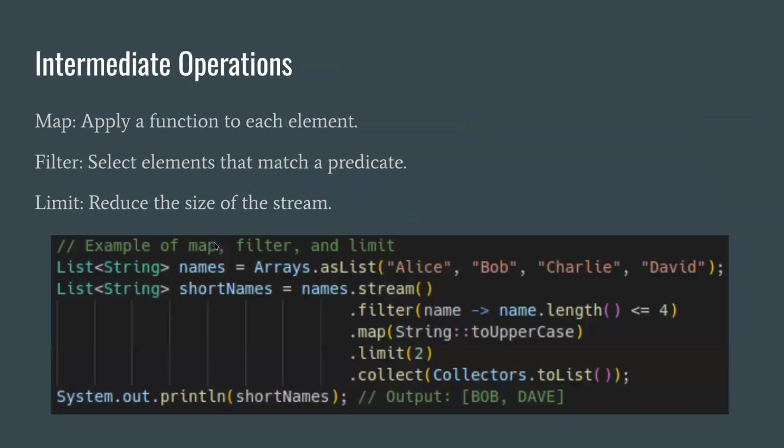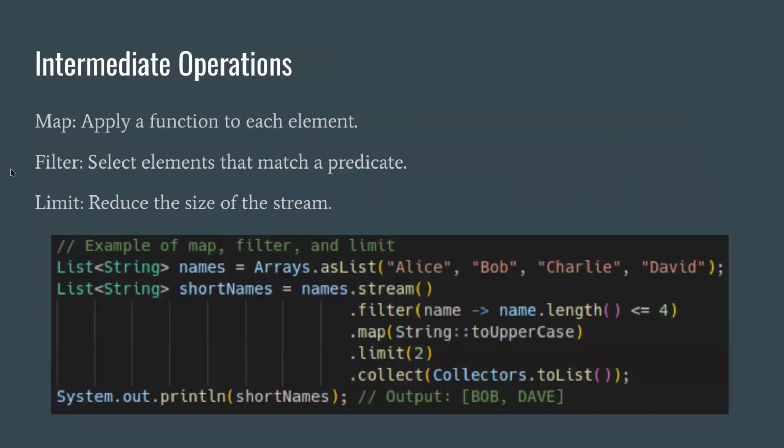Intermediate operations. We talked about intermediate and terminal operations. Let's look into intermediate operations. Operations like map apply a function to each element, so we're transforming them one by one.